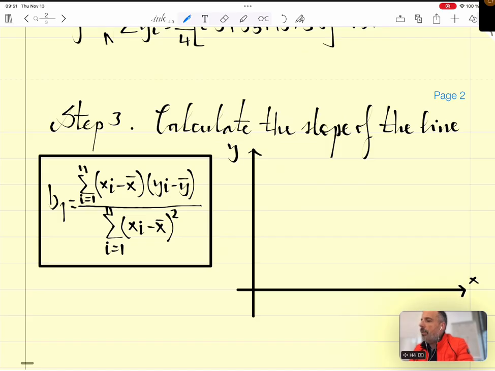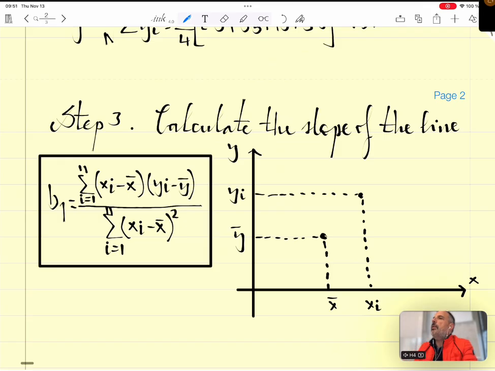Imagine we have this data. We have here our mean value of the data, okay? This here is x mean and y mean. We have just calculated them. And then we have one data point. Okay, this data point has x sub i and y sub i.